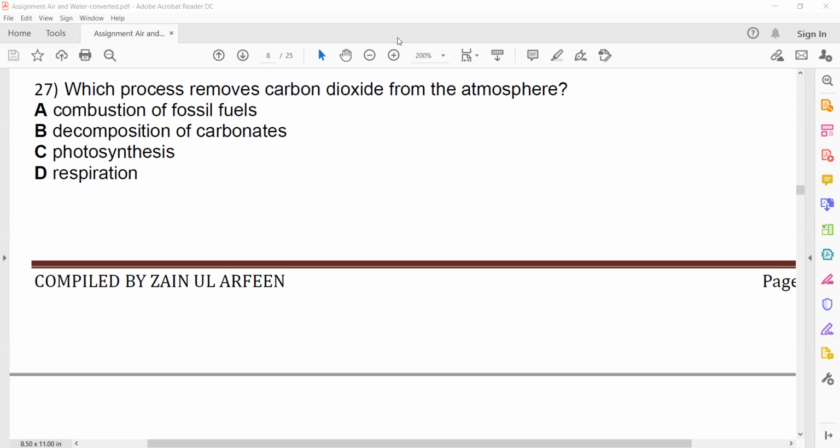So photosynthesis. Combustion increases the amount of carbon dioxide in the atmosphere. Decomposition of carbonate also, because it gives metal oxide and carbon dioxide. Photosynthesis reduces the amount of carbon dioxide in the atmosphere.